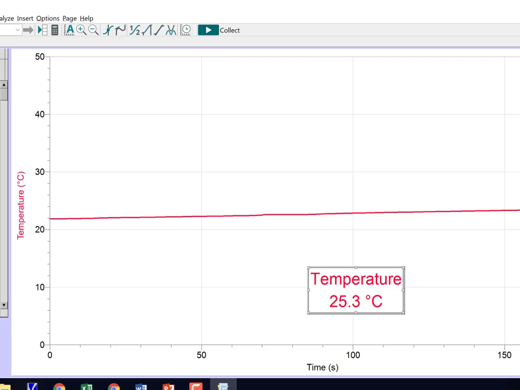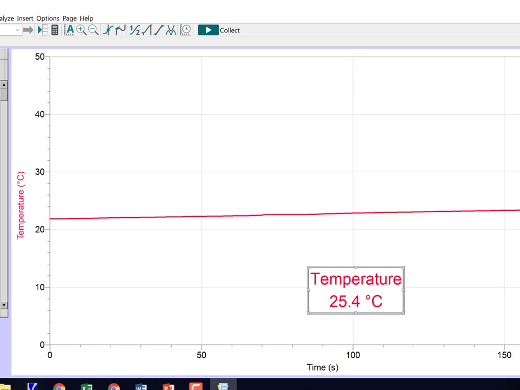How much stuff did I put in my solution? I put in 50 milliliters, but for water, 1 milliliter is 1 gram. So it's 50 grams of water. And what I heated up was water.